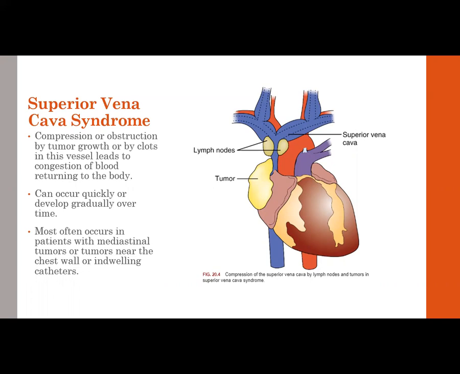It usually occurs in patients with mediastinal tumors or tumors near the chest wall, or if we have an indwelling catheter. Indwelling vascular devices can cause superior vena cava syndrome as a result of a blood clot.